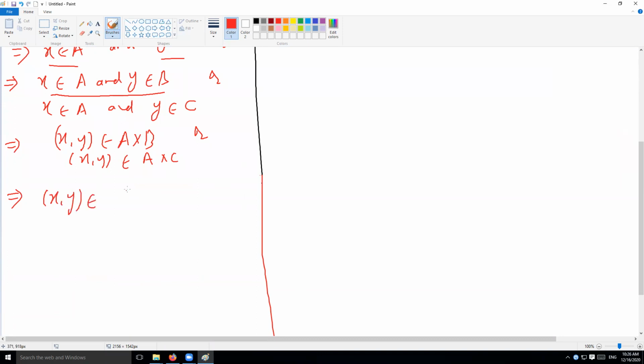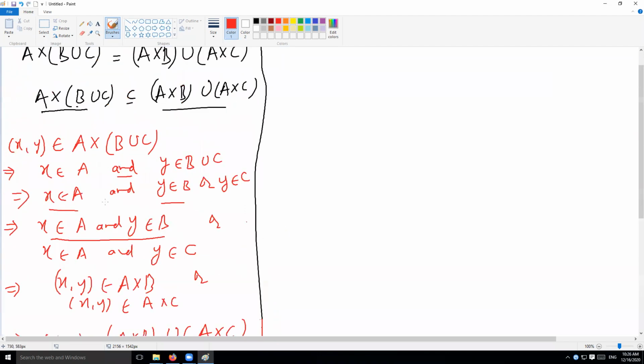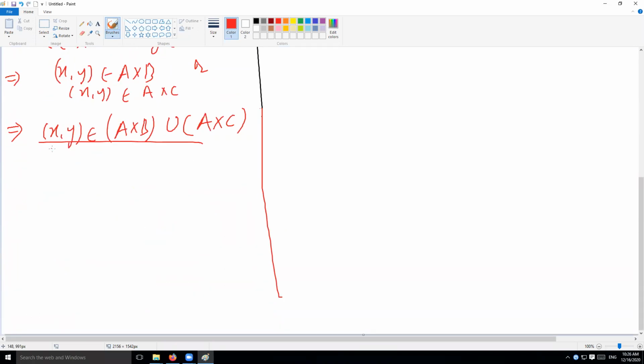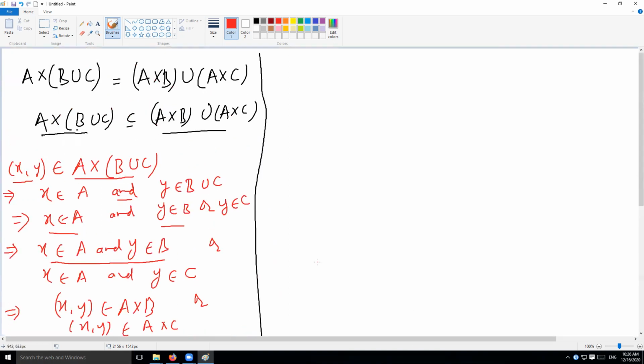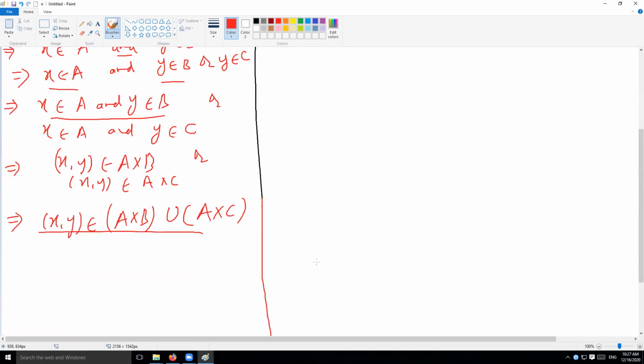XY belongs to A cross B union A cross C. So that's how we showed that if you pick an element from A cross (B union C), you can also show that the same element is in A cross B union A cross C. Are you getting it? Yes, sir.